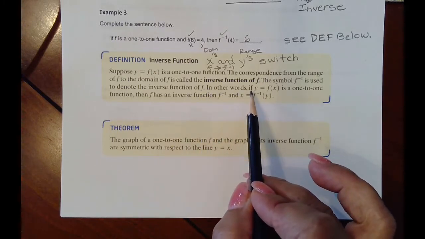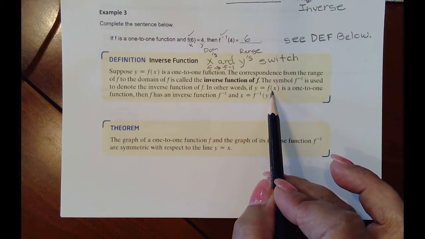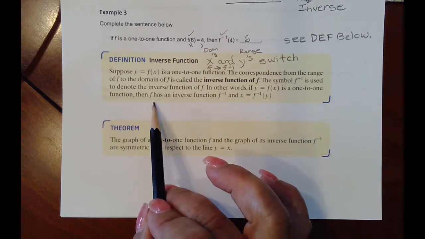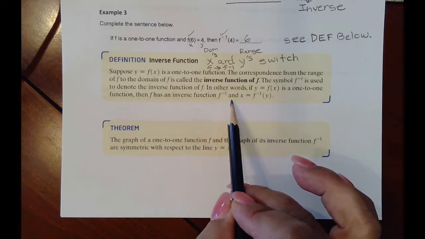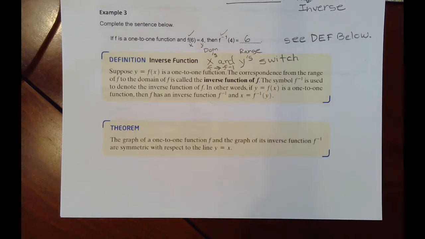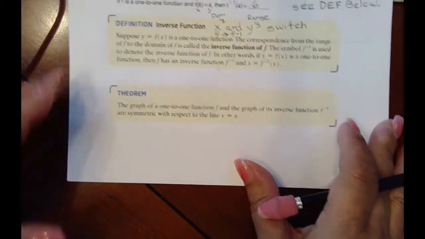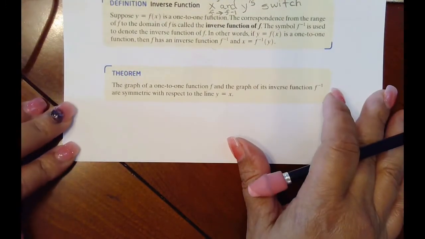In other words, if y is the original function f and it's one-to-one, f has an inverse function symbolized like this, and x is equal to the inverse of y. Now that's kind of hard to understand the way they write that, but basically what that means is that the x's and the y's, or in other words you could say the domain and the range, they switch responsibilities. You could say it either way.